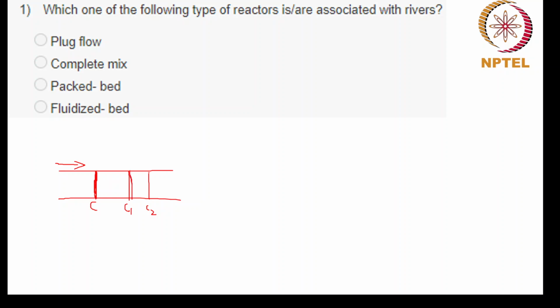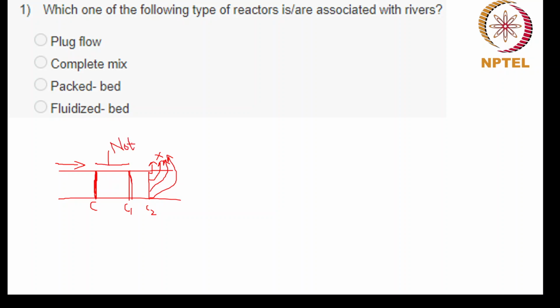If the concentration in this area is X, then here also the concentration will be X, on this side also X, and in between also X. But at different cross sections, the concentration will be different. This kind of reactor is called a plug flow reactor.